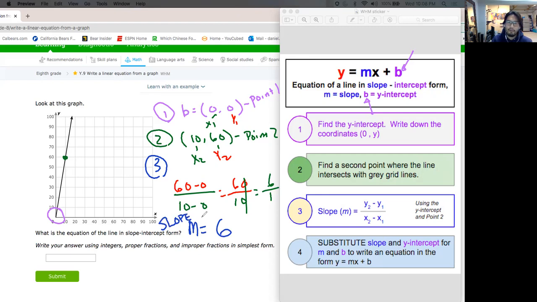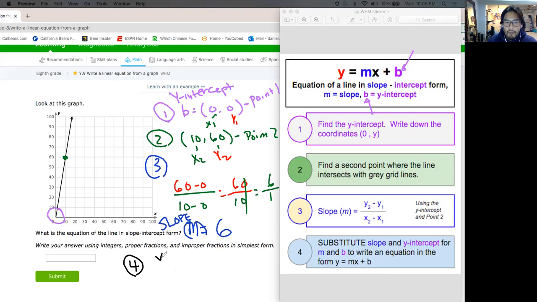So I've got my slope, little m, is 6, and I've got my y-intercept, little b, all the way in step 1. Y-intercept is 0, 0. Now I'm going to move on to step 4, and for step 4, I will use just good old black.